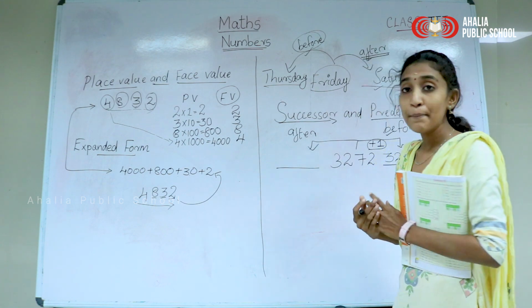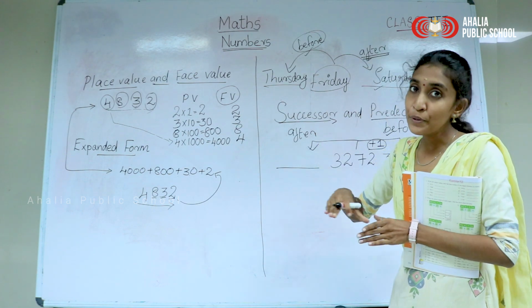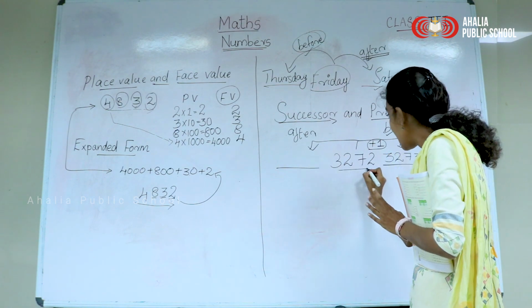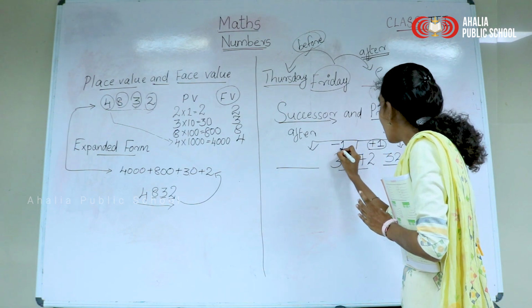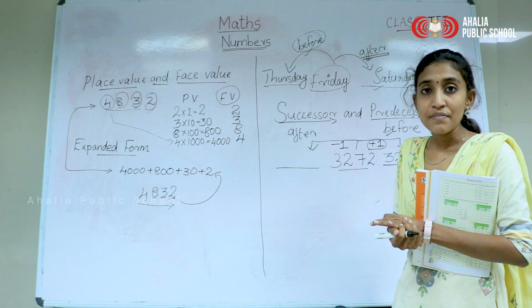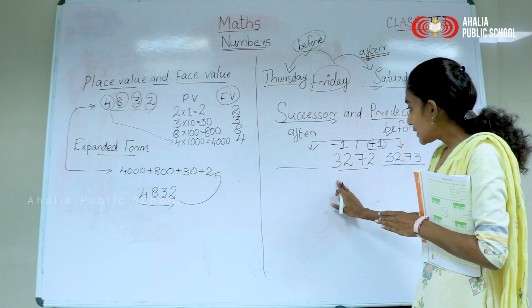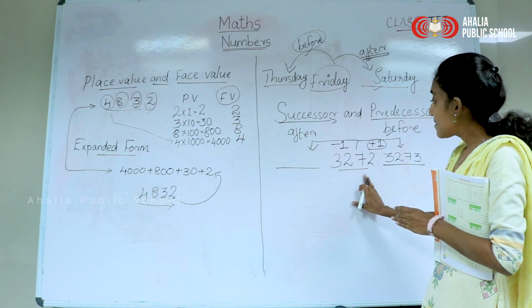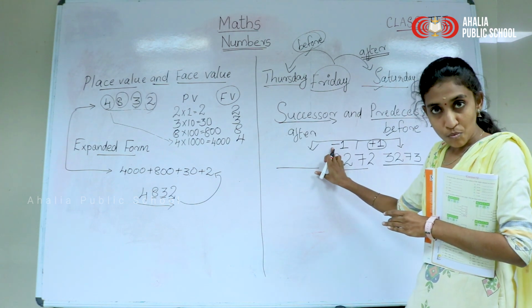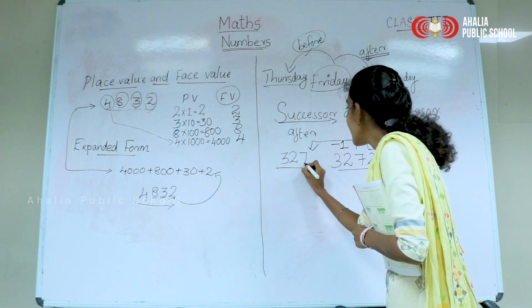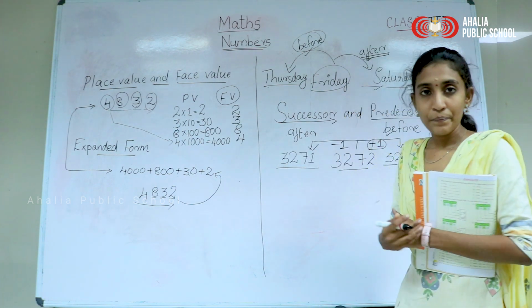ഓക്കെ, ഇനി predecessor. Predecessor എന്ന് പറഞ്ഞാൽ എന്താ? തൊട്ട് മുൻപുള്ളത്. So to find the predecessor of this number, we will do minus 1. We will subtract 1 from this number. 3272 minus 1 gives 3271.